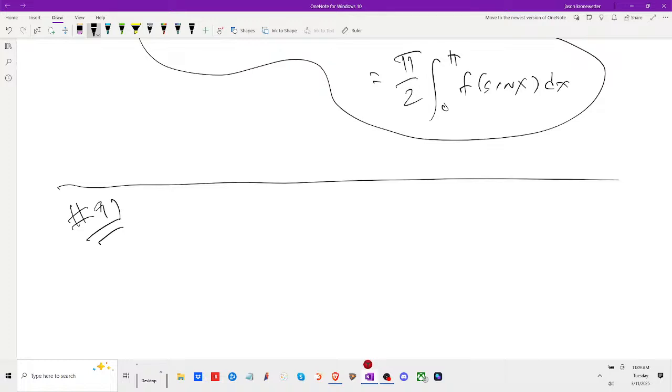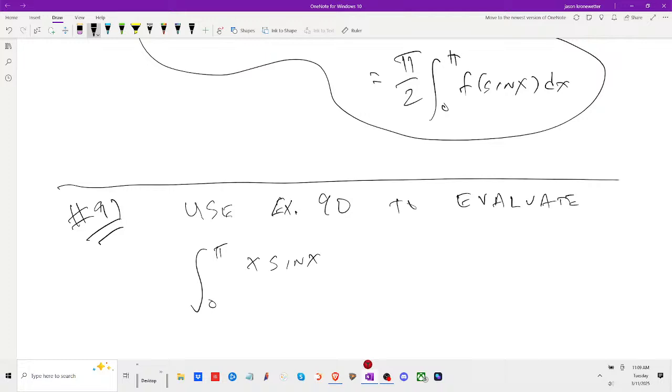Now we're going to use exercise 90 to evaluate the integral from 0 to pi of x sine x over 1 plus cosine squared x dx.